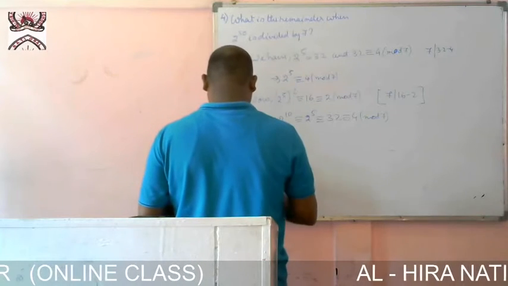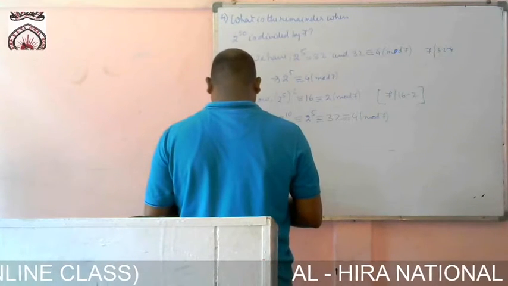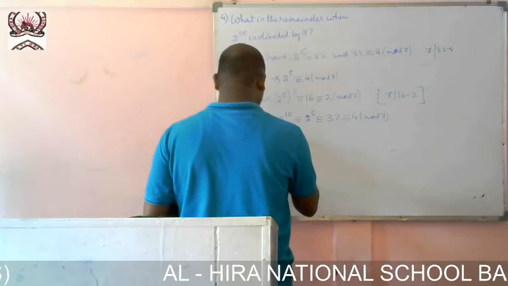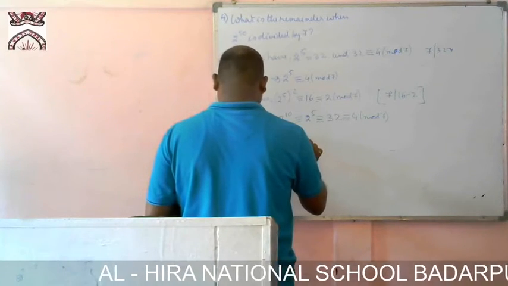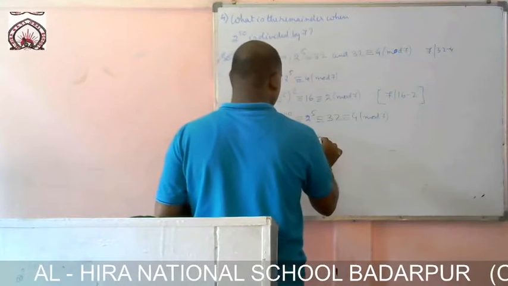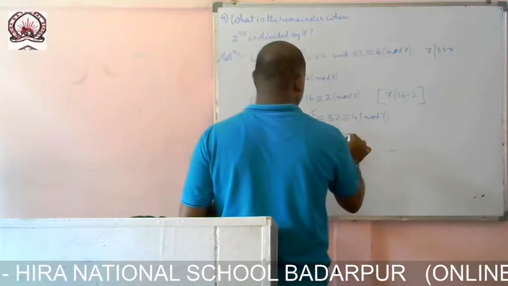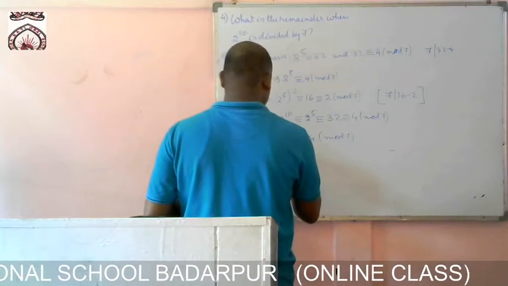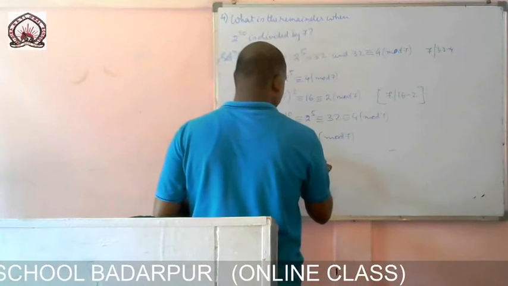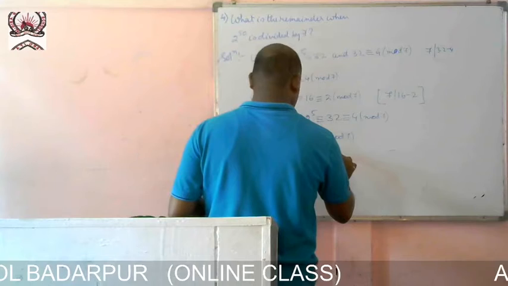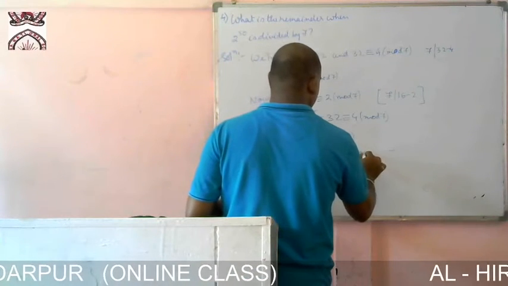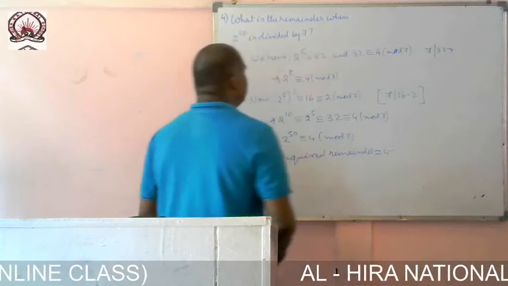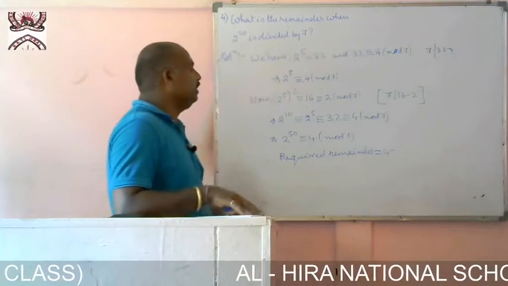Now this implies 2 to the power 50 is congruent to 4 mod 7. Therefore, the required remainder is equal to 4. The required remainder is equal to 4.